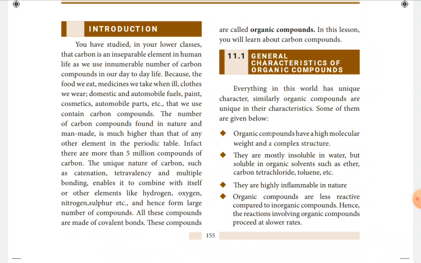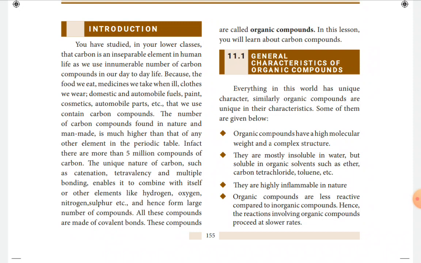And also you have learned about the discovery of carbon. This discovery of carbon did not happen at a stretch. Many scientists put their effort into identifying this important element.